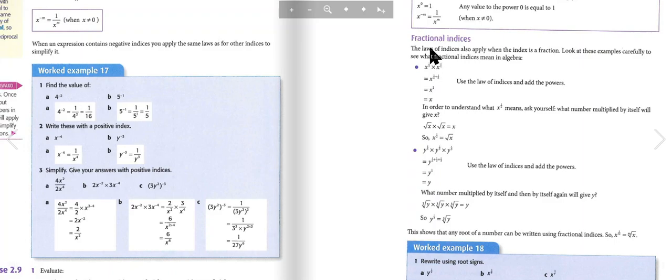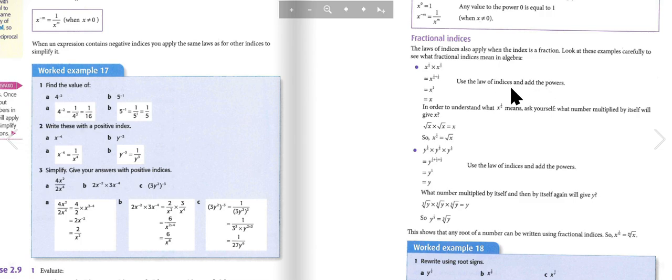Fractional indices. The laws of indices also apply when the index is a fraction. Look at these examples carefully to see what fractional indices mean in algebra. x to the power of a half times x to the power of a half. So use the law of indices and add the powers.